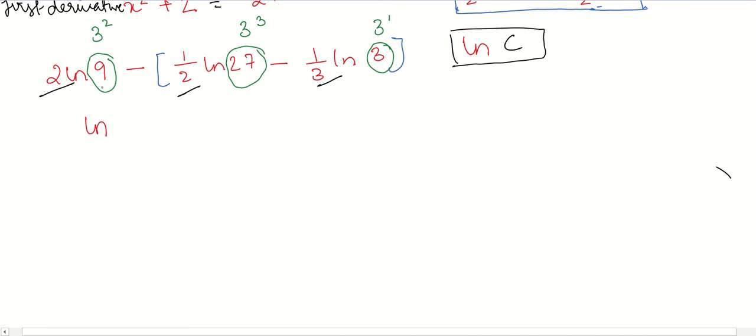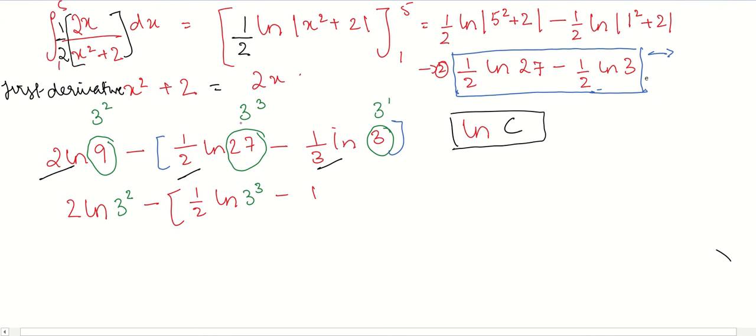So that's why instead of 9, you can write 3 to the power of 2, right? And 2 over here, minus 1 by 2 ln. So instead of 27, write 3 to the power of 3, then minus 1 by, oops, I wrote here 1 by 3, but it was supposed to be 1 by 2, all right?